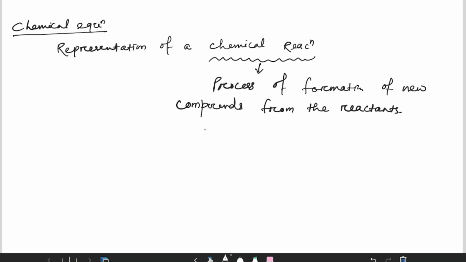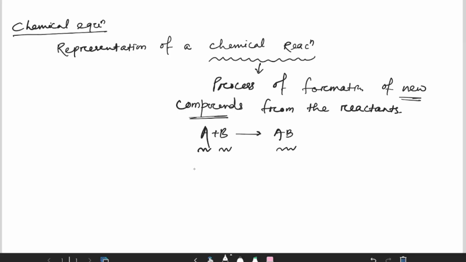That means, let's say, A plus B gives rise to AB. So A is a reactant, B is a reactant, and this is a new substance, right? Because AB may be different, may be similar, so that's why I have written formation of new compounds. So this is what the chemical reaction is.